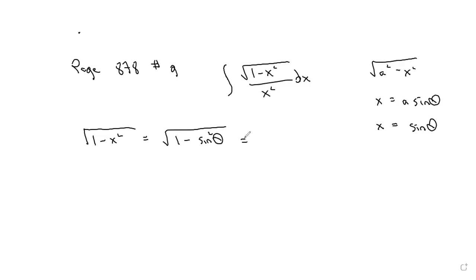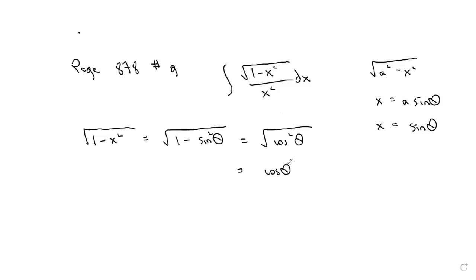At this point you do the substitution that it recommends on the table on page 876: we can replace 1 minus sine squared theta with just cos squared theta. So square root of cos squared theta. Luckily, your square root and your square cancel out, which is usually the case, and you just get cos theta for the whole square root part.